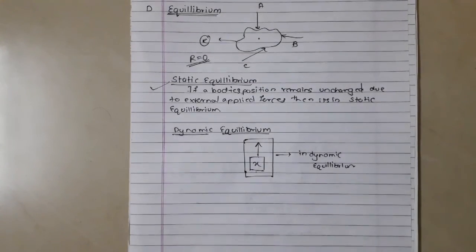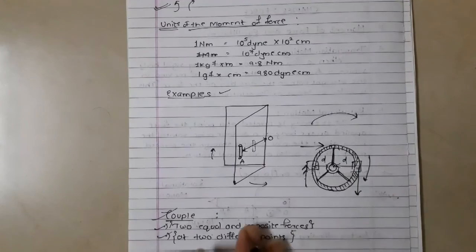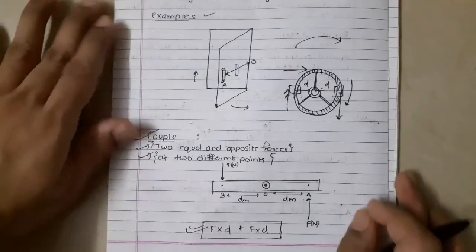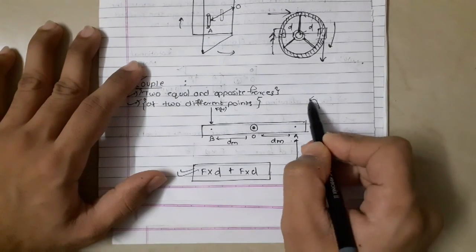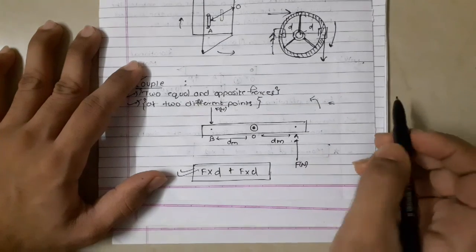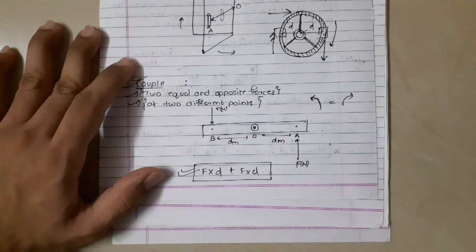Cool. The next topic is the principle of moments. The most important one which we have to understand is the summation of all the forces. Let me go to that page so you will understand it more clearly. The summation of the forces applied on a body which tend to move it anti-clockwise must be equal to the summation of the forces applied on the body which tend to move it clockwise.